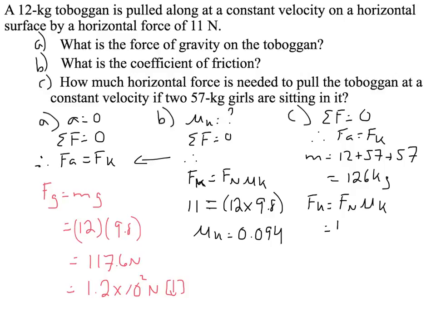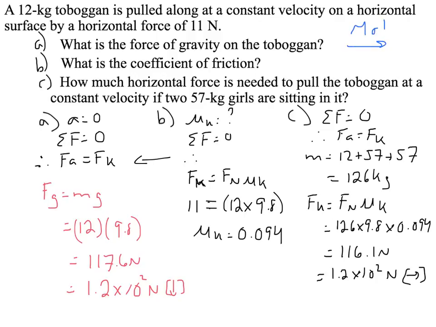We get 126 times 9.8 times 0.094, giving us an answer of 116.1 newtons, and then therefore 1.2 times 10 to the 2 newtons that way. I should have written that at the beginning, but let's assume motion is that way, and we'll also say that is positive.